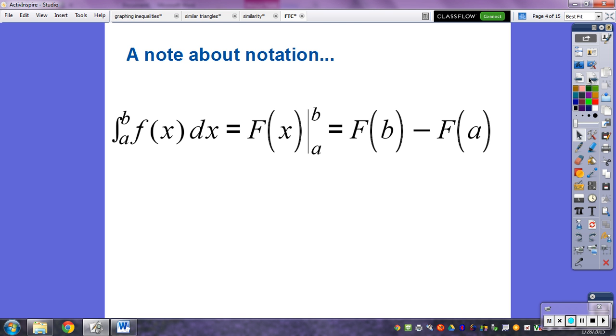Just a note about notation, there is a difference between this lowercase f and the capital F. The lowercase f is your integrand, your function that you are integrating. The capital F represents the antiderivative. So if I took the derivative of this function, represented by the capital F, I would get the integrand represented by the lowercase f. So that's what that notation means.